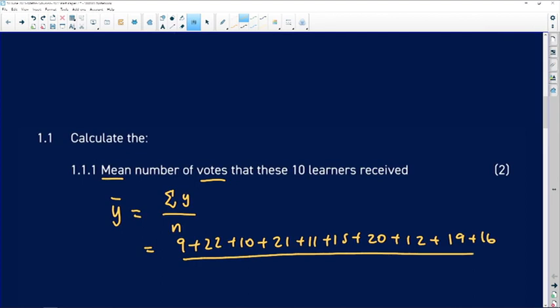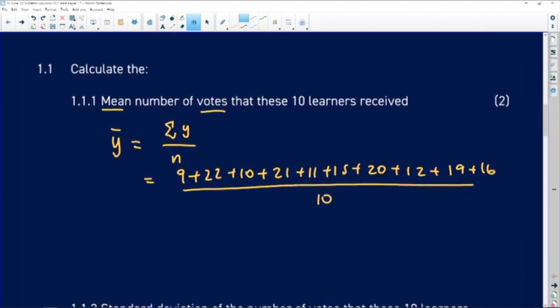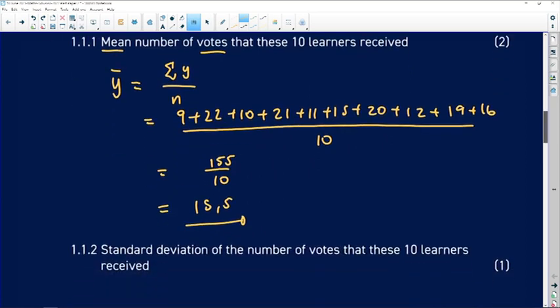I think you'll agree with me that we have 10 of those kids in total. So then I think the sum here divided by 10 will lead us to 155 divided by 10, and the final answer comes out as 15.5 votes. Right, that's the answer for the mean of the votes.